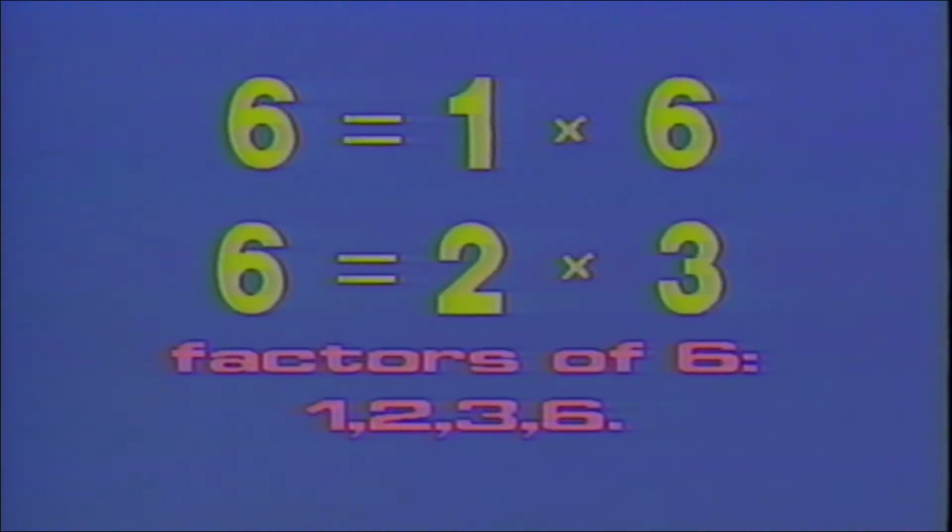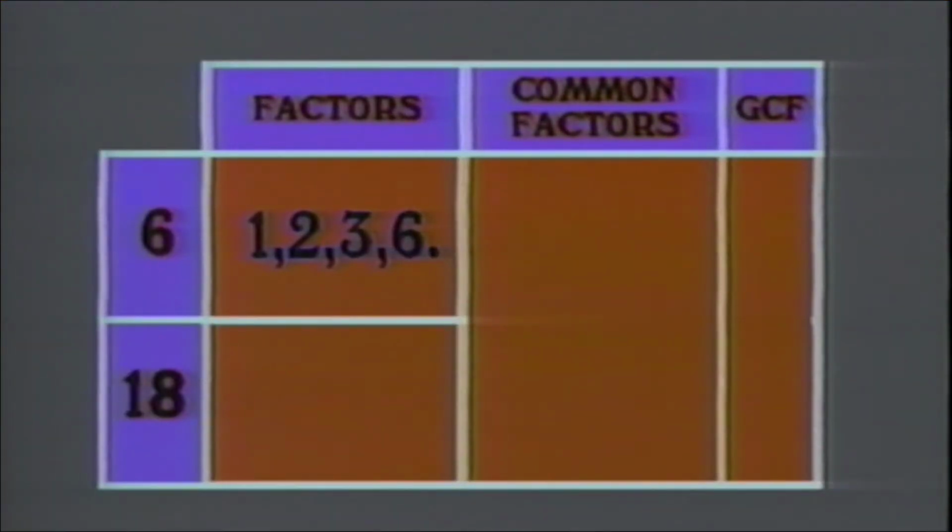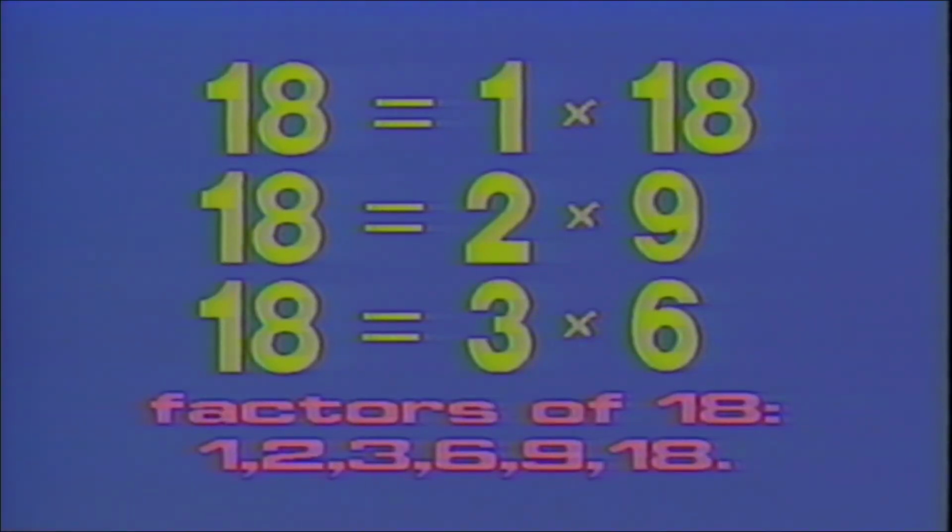Now, 6 equals 1 times 6. 6 also equals 2 times 3. So the factors of 6 are 1, 2, 3, and 6. Write them in the chart. Now, 18 equals 1 times 18. 18 also equals 2 times 9. 18 also equals 3 times 6.